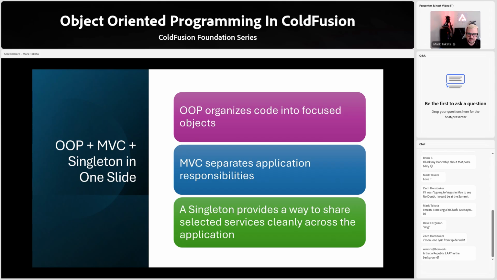MVC is a separation of concerns. It takes the pieces of your app and puts them into logically separated areas. Those areas could use object-oriented concepts, and probably should, in the way the objects and the functions and the classes work. And a singleton is a way to share a selected service, statelessly hopefully, and cleanly across an application.